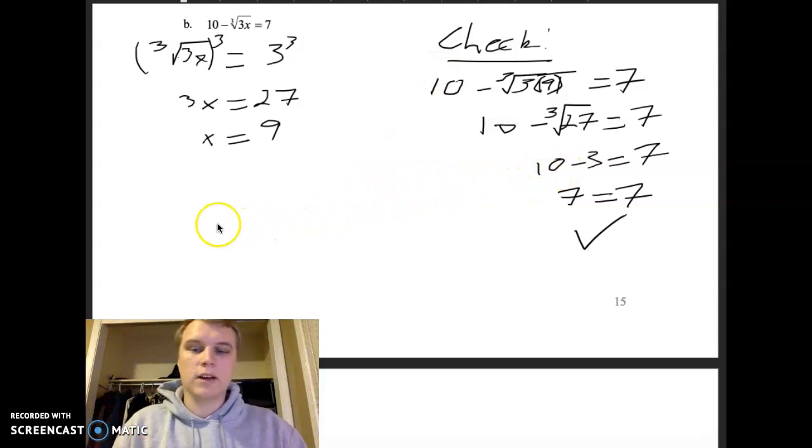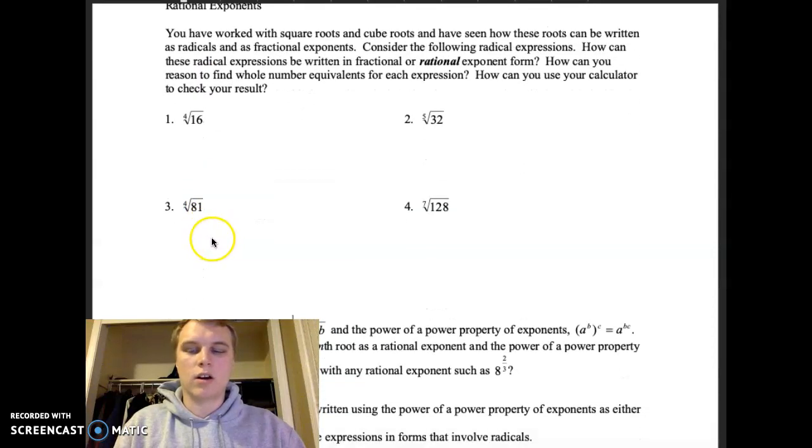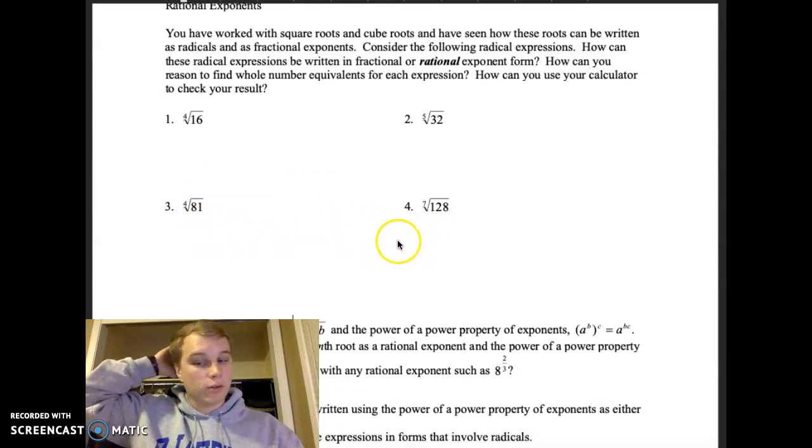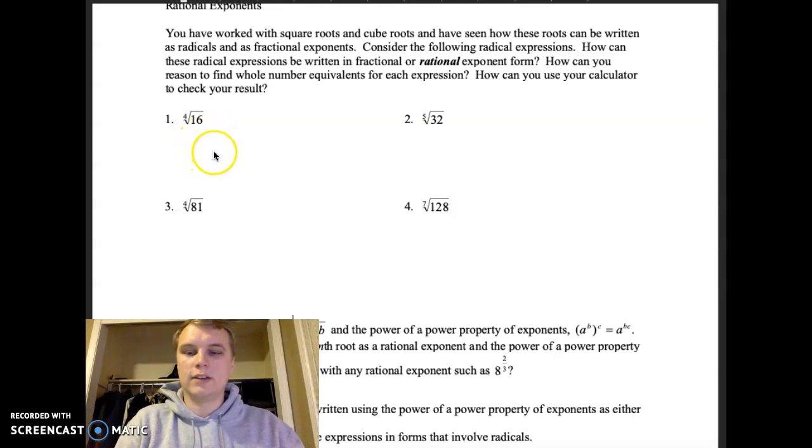Okay? So now we're going to look at radical roots that are different than square roots or cube roots. So for this first one, we have the fourth root of 16. And just to recap what we did the other day, we can rewrite the fourth root as a rational exponent.